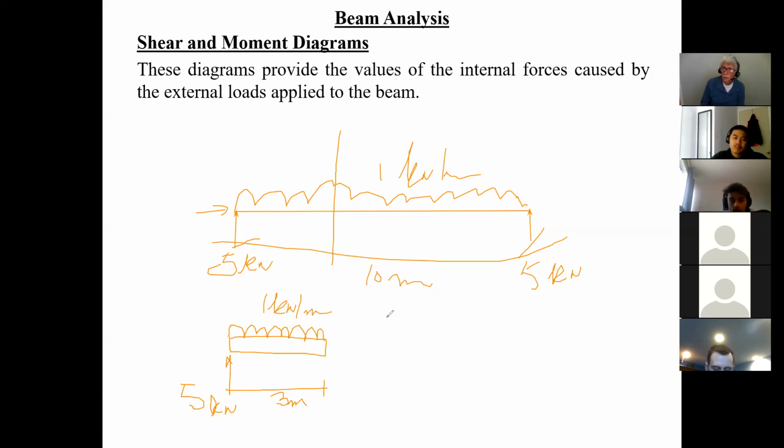Is this in equilibrium? No, it's not in equilibrium. But why doesn't it move if it's not in equilibrium? I put my beam there, I load it, I cut part of it, and I look at that section of the beam, and it's not in equilibrium. If something's not in equilibrium, something has to move.